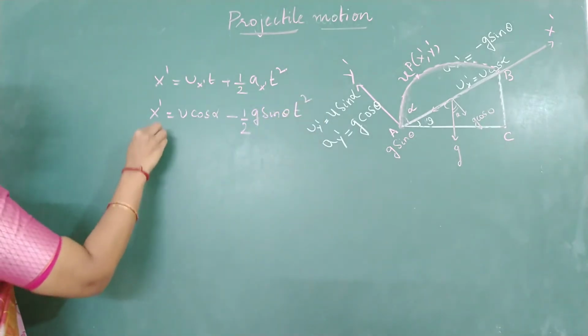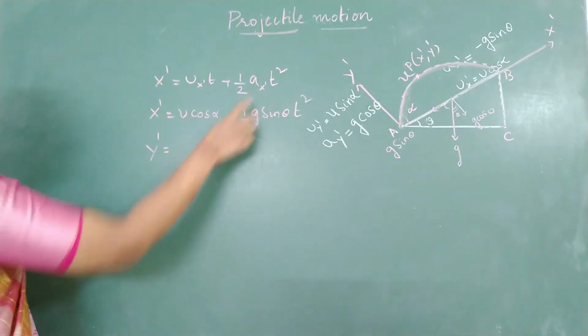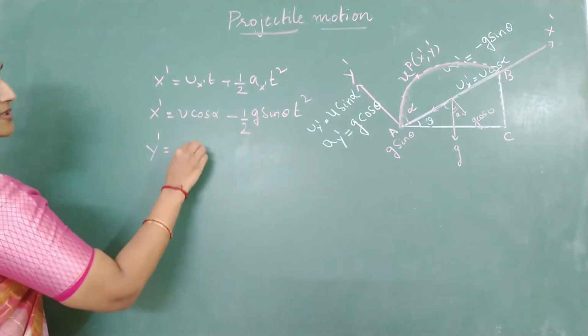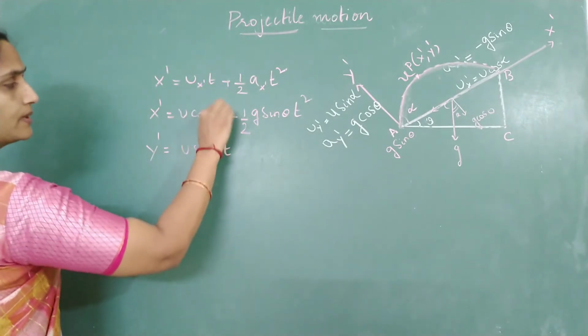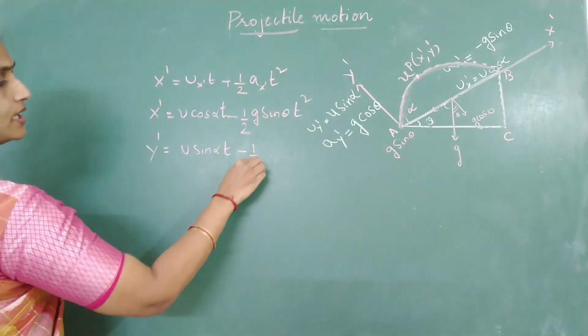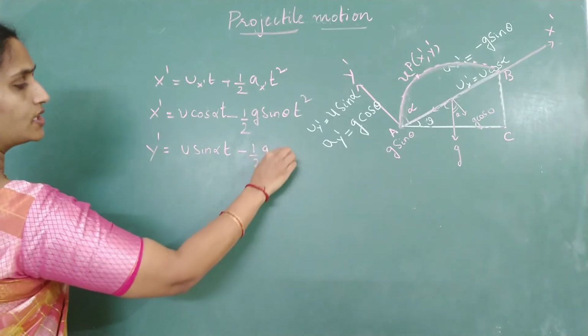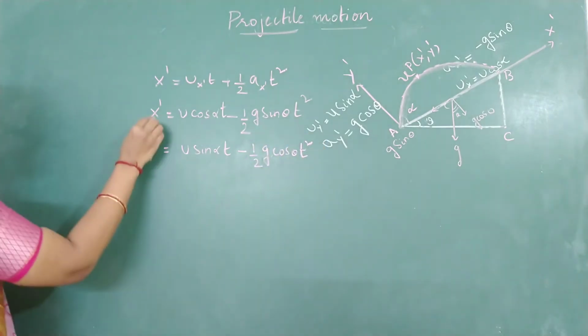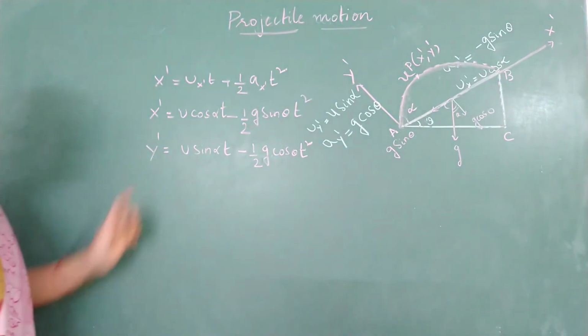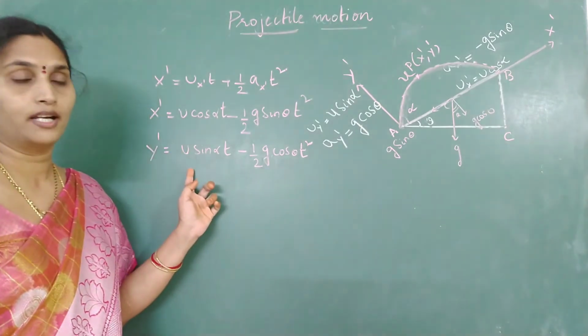Similarly, if you find y dash, taking u y and a y, you will get this relation: u sin alpha t, I forgot t here, minus half g cos theta into t squared. Did we get the position of the particle, x dash as well as y dash?